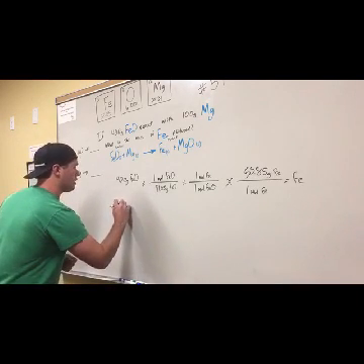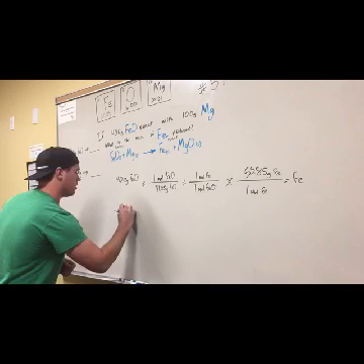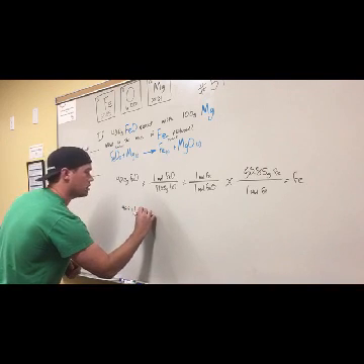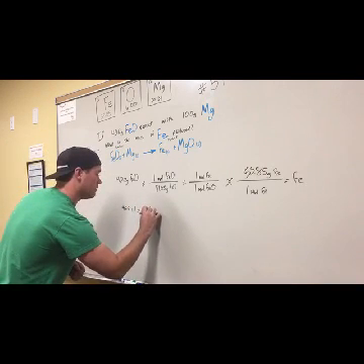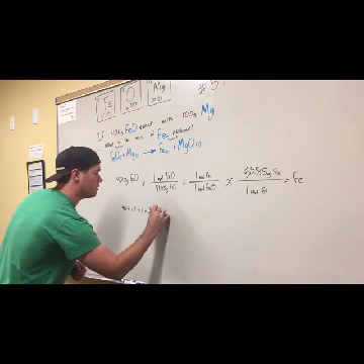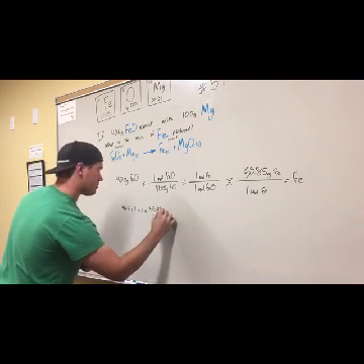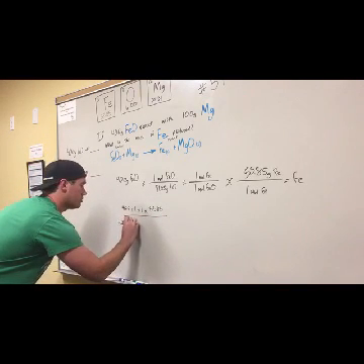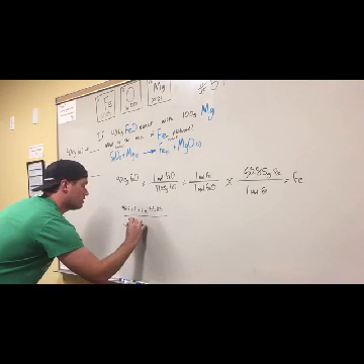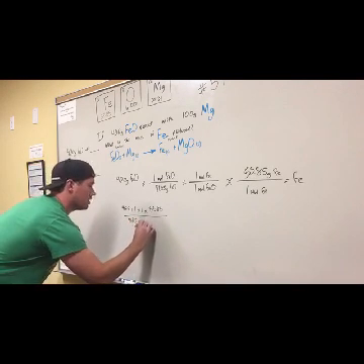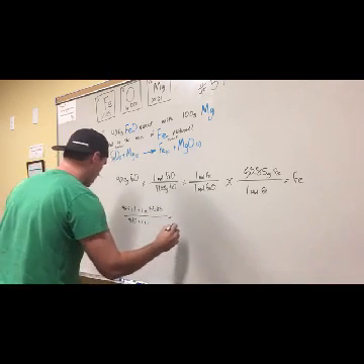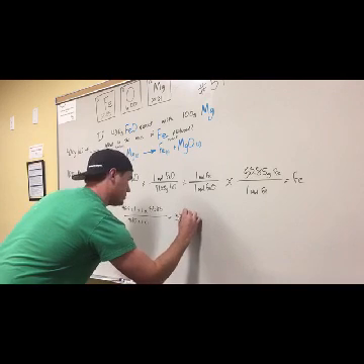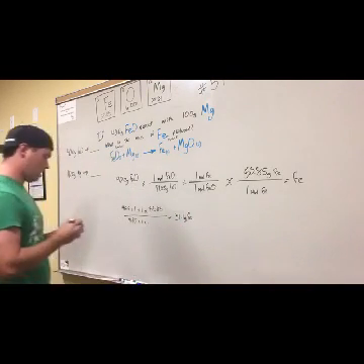So if we write it out again, we have 40.0 times 1 times 1 times 55.85, all of this divided by 71.85 times 1 times 1, and this will yield 31.1 grams of iron.